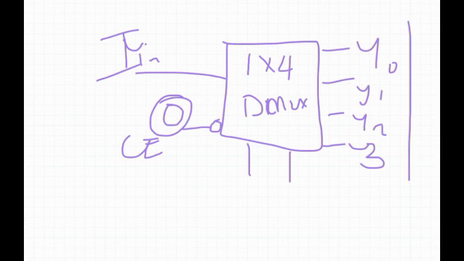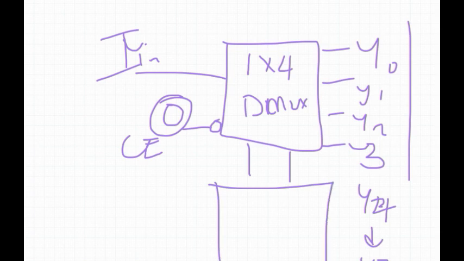So if we want the other demultiplexer to display Y4 to Y7, then this needs to go S2, which will be 1 at that point. Let me show you what that means.